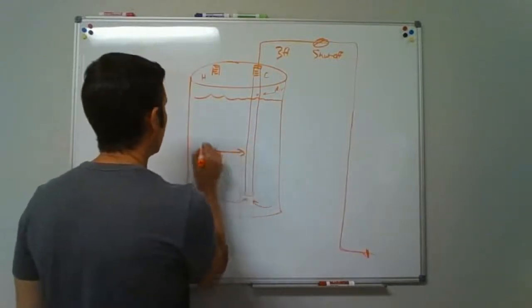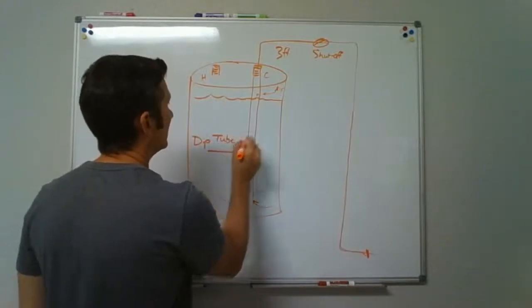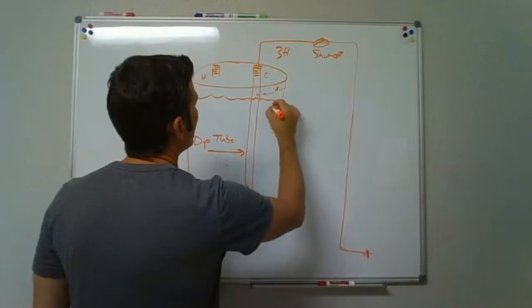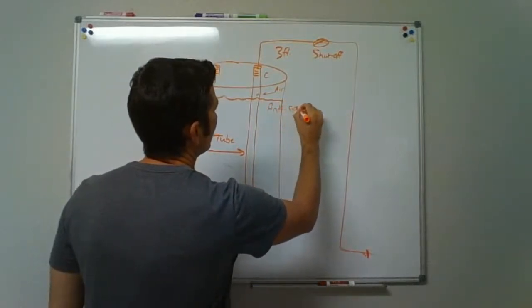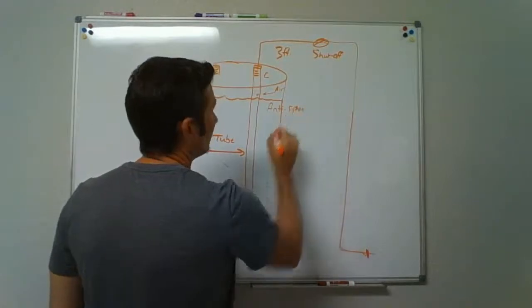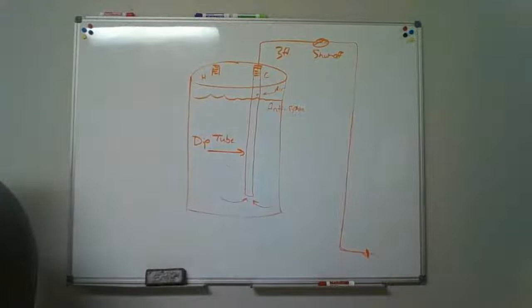That is called a dip tube. And there is your anti-siphon device. And I guess that's how they call it. Is that how you spell it?